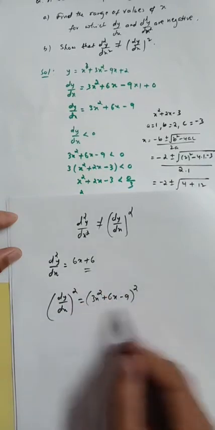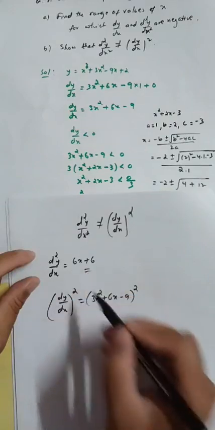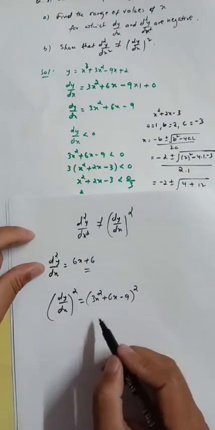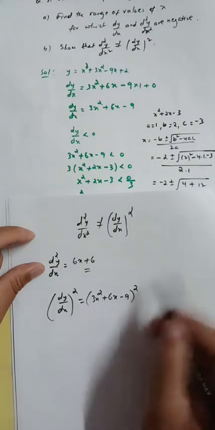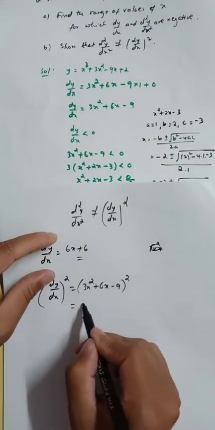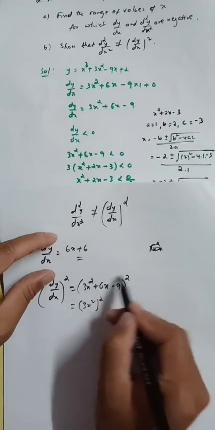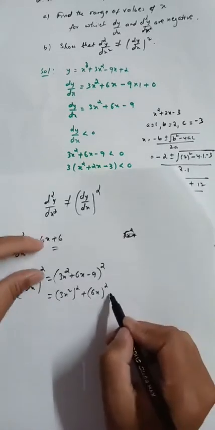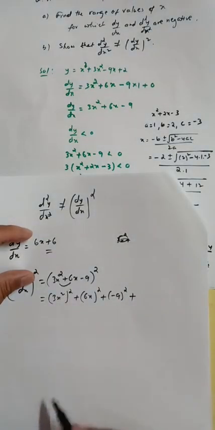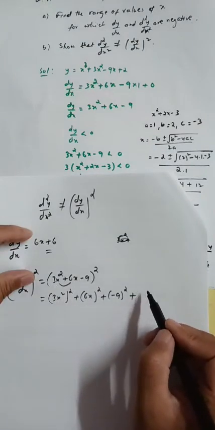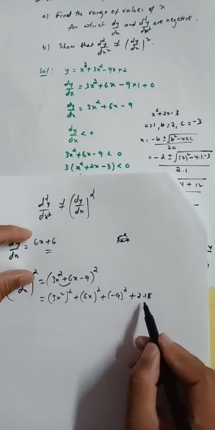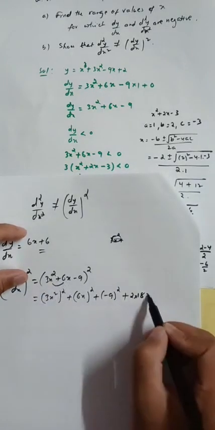So we expand it. Because it is (3x square plus 6x minus 9) whole square, the shortcut is to square each term: 3x square whole square, plus 6x whole square, plus minus 9 whole square, plus the cross terms multiplied by 2. 3 times 6 is 18, and 2 times 18 is 36, and x square times x gives x cube.